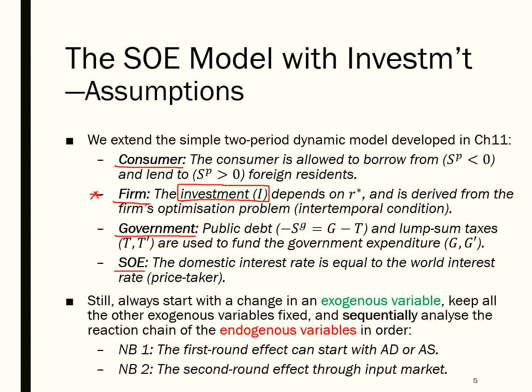But sometimes it can be complicated because there will be first-round effects and second-round effects. This distinction is also easy. The first round effect is determined where the exogenous variable enters the whole economic system, and the second round effect usually takes effect through the input market indirectly.